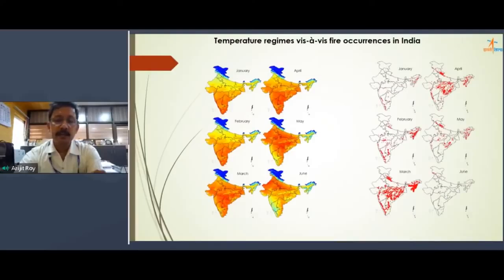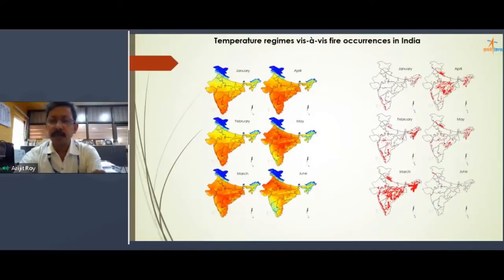And since the winter rains are very scarce in this area, the region is quite dry, and a huge amount of litter has been deposited, which leads to the accumulation of fuel. So there are a number of incidences of forest fires across the country. By April, most of the fuels have dissipated, so we have only a few pockets of fires, especially in the Chota Nagpur region and Vindhyans.